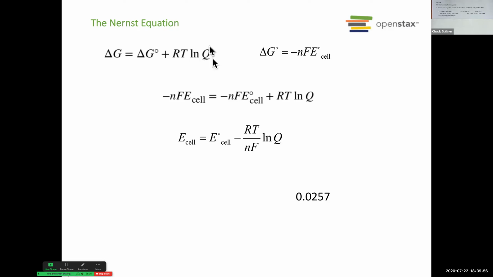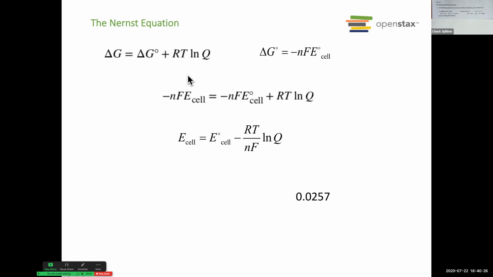We're going to do these calculations with Q at a concentration other than equilibrium. In this case, we're not really comparing Q to equilibrium. We're just plugging in our concentration values to determine the free energy, or in this case, since we're talking about galvanic cells, the cell potential.